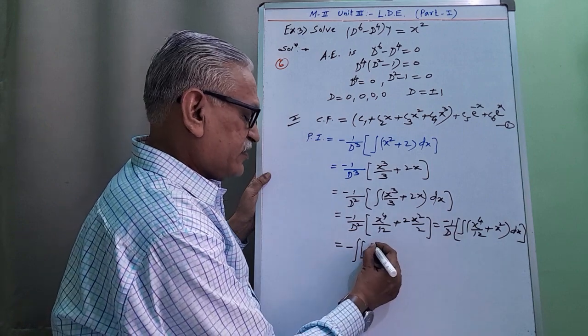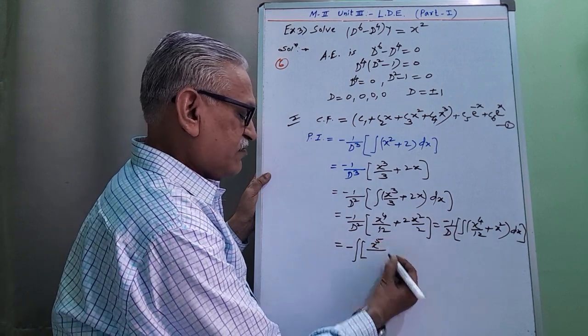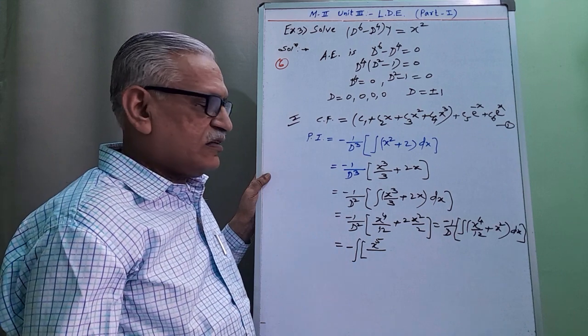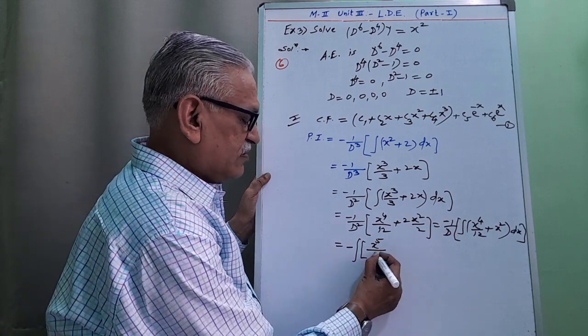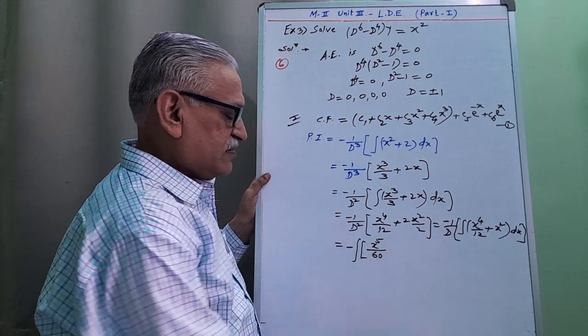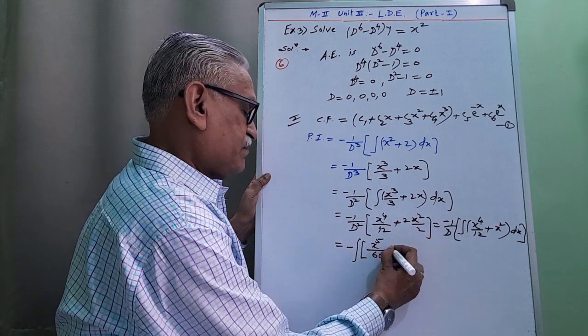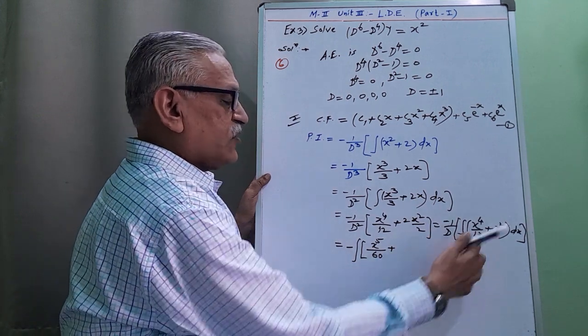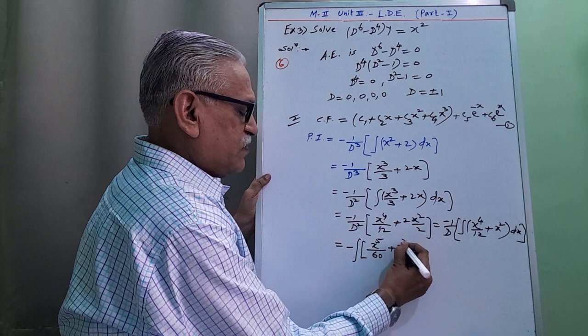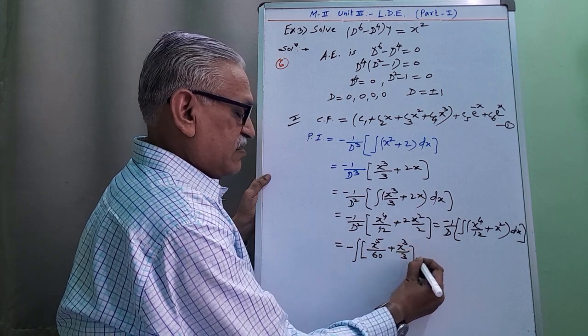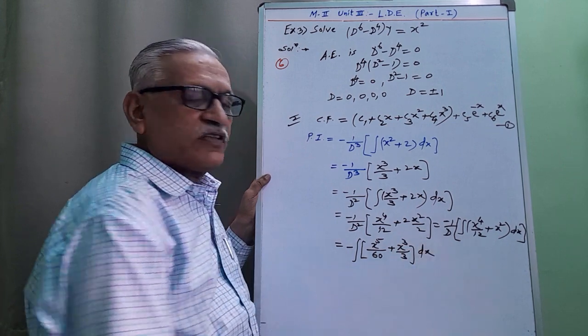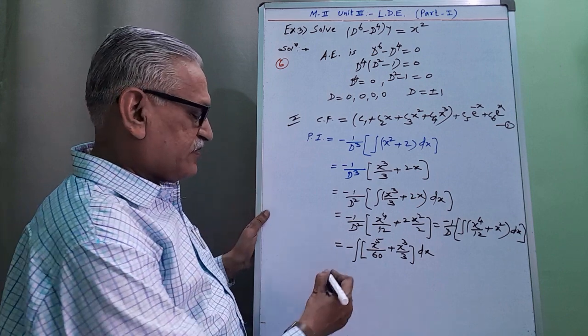Next integration is x raised to 5 by 5, and 5 twelves are 60, plus integration of x square is x cube by 3, and then its integration with respect to x, last time integration.